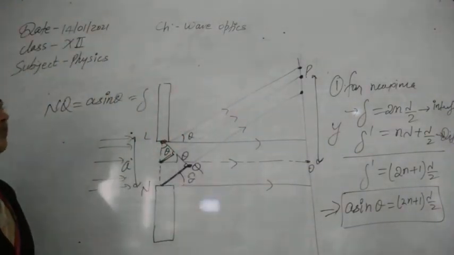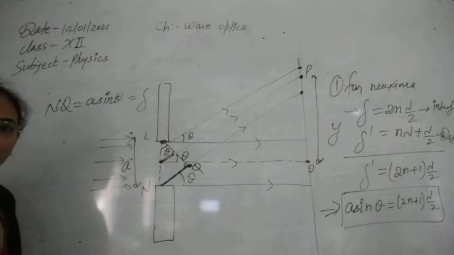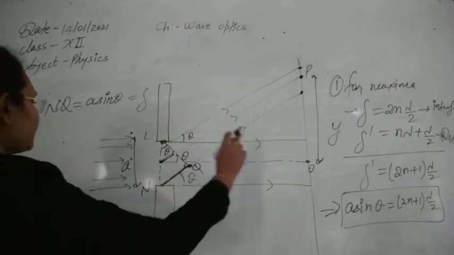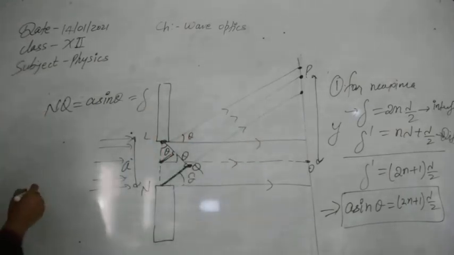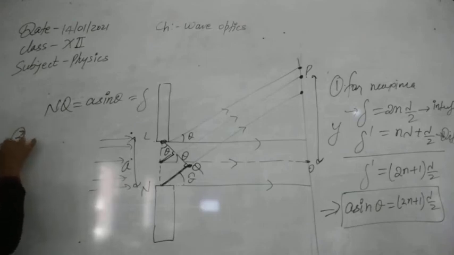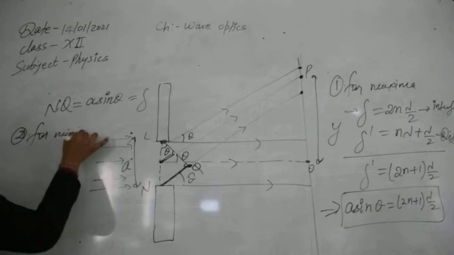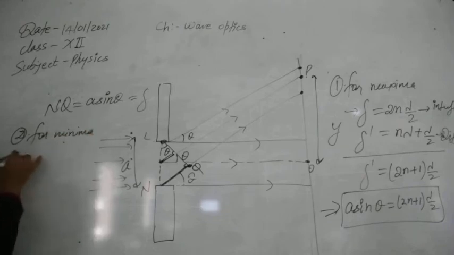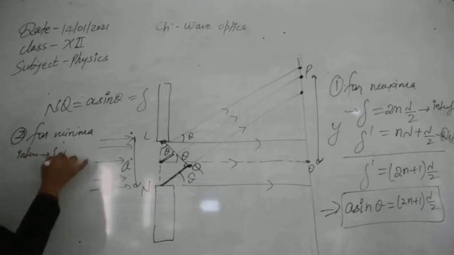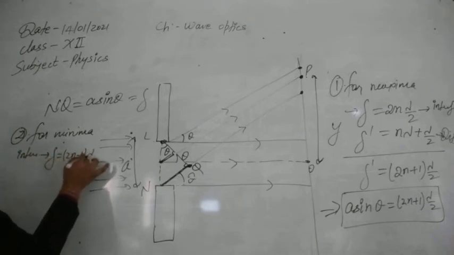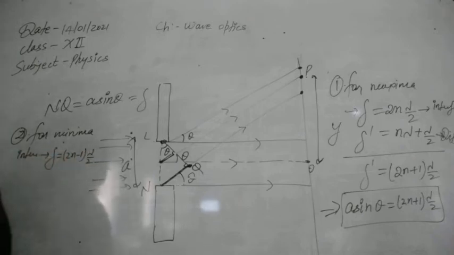Similarly, we can find the condition for minima by using the same concept. For minima, as we know in the case of interference, delta is equal to 2n minus 1 lambda by 2, meaning if we have an odd multiple of lambda by 2, then we get minimum intensity.